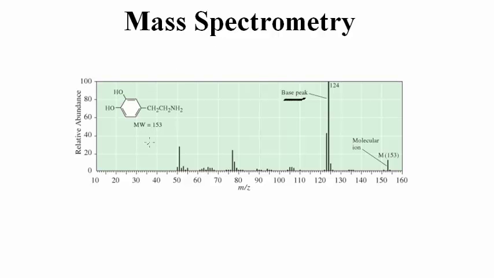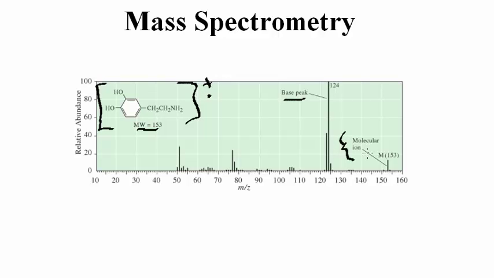You can see also that the molecular weight of this dopamine molecule is 153. So we have labeled the base peak and the molecular ion peak. The molecular ion peak has an m/z ratio of 153, and that peak is attributed to this ionized species, the radical cation.